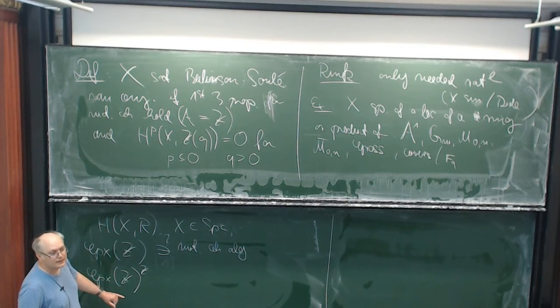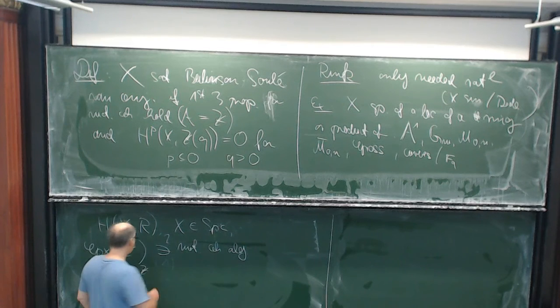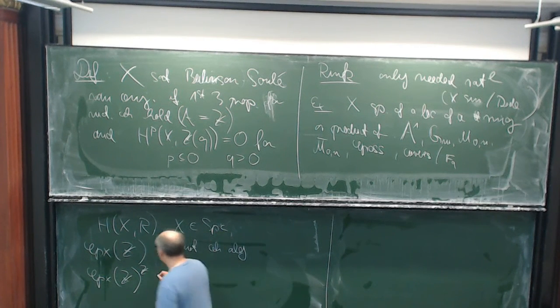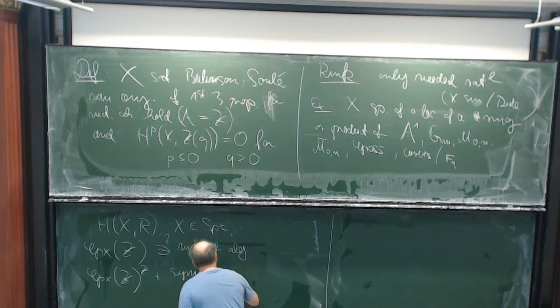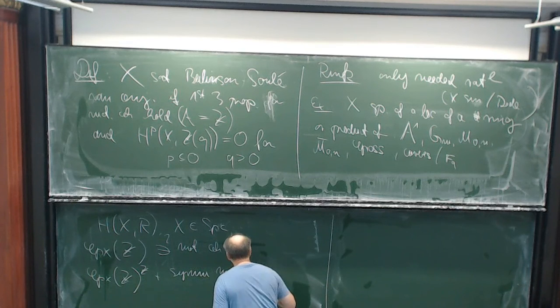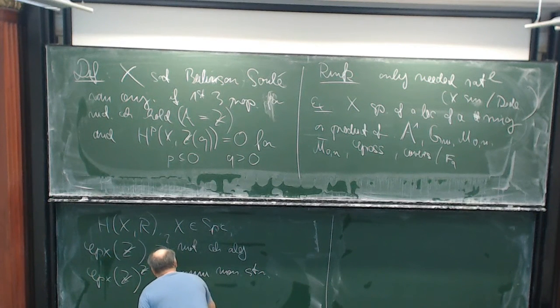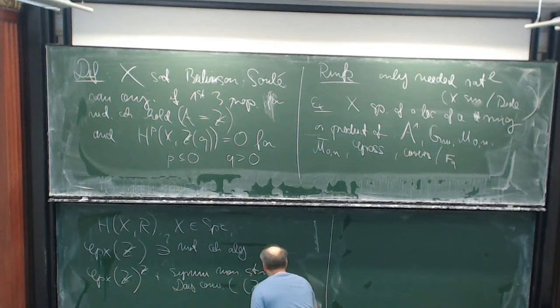But we take the so-called Day convolution symmetric monoidal structure on it, where on the set we have the plus symmetric monoidal structure.